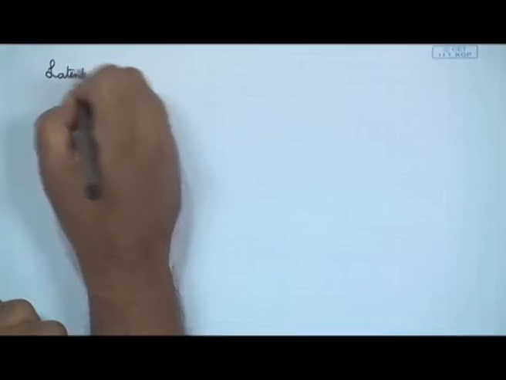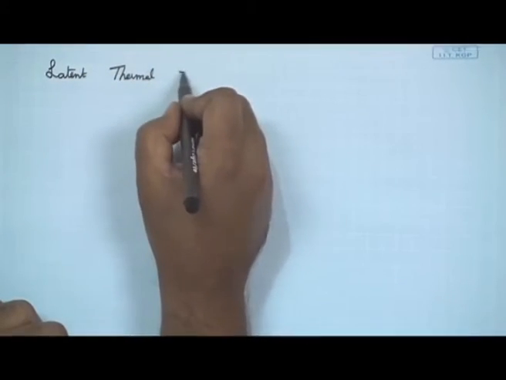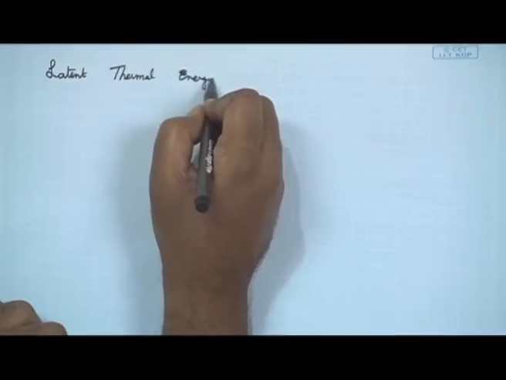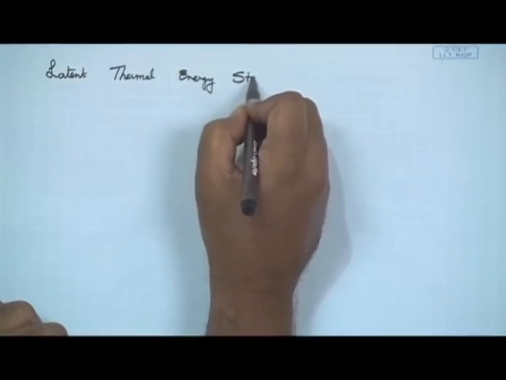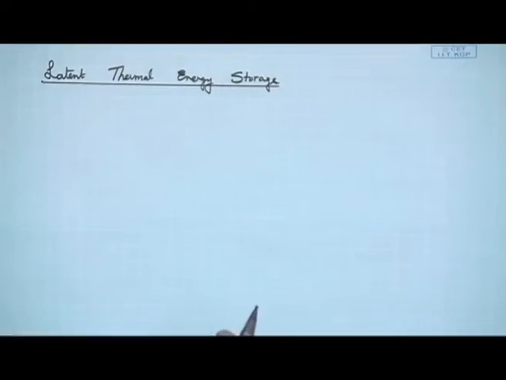Okay. So, let me write that down. I will write it down as latent thermal energy storage, and as we said before, this is when energy is stored because of a change in phase.